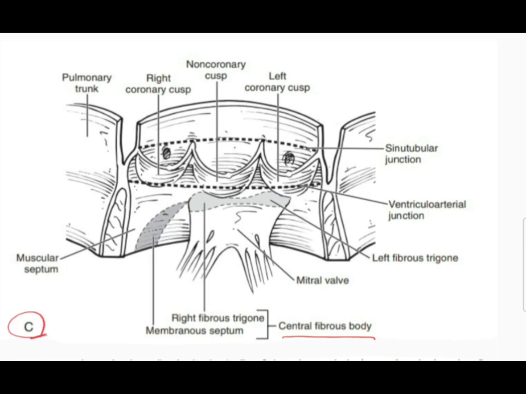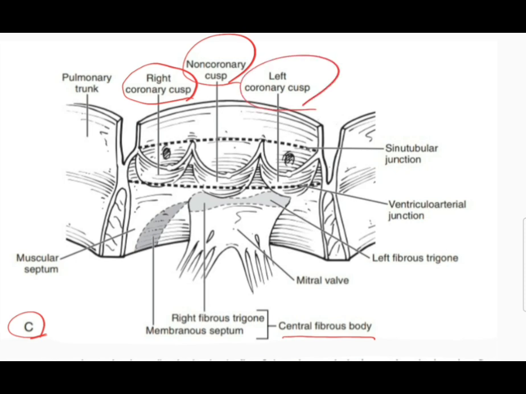At part C, we can see the relationship with other structures. We can see the three cusps: the right coronary cusp, the non-coronary cusp, and the left coronary cusp.